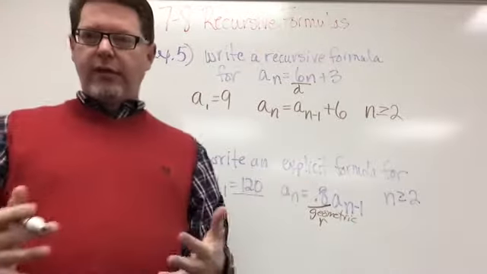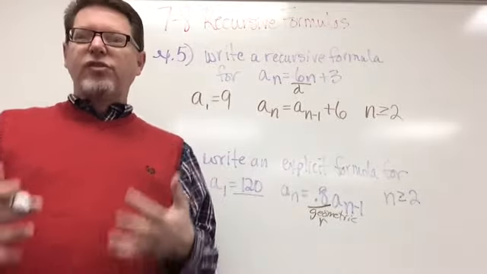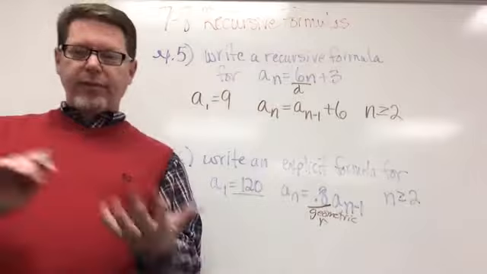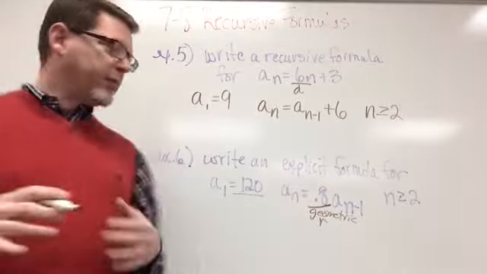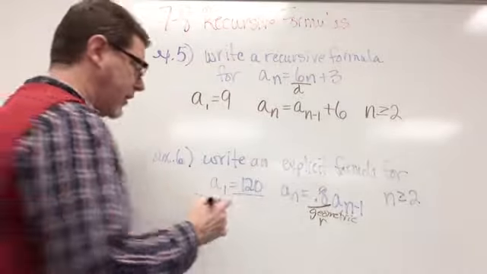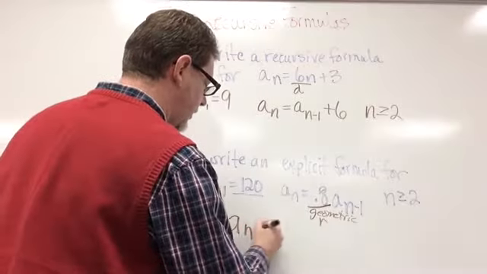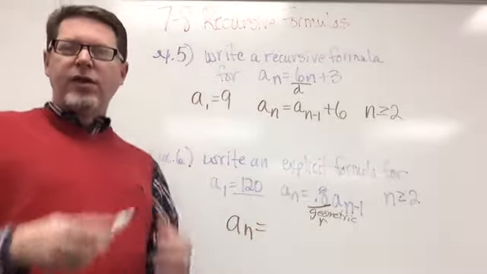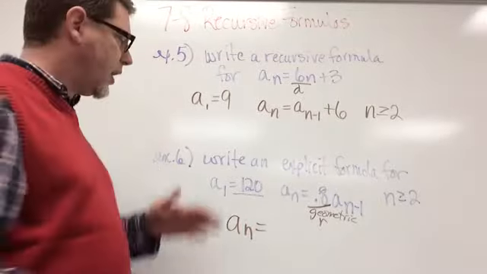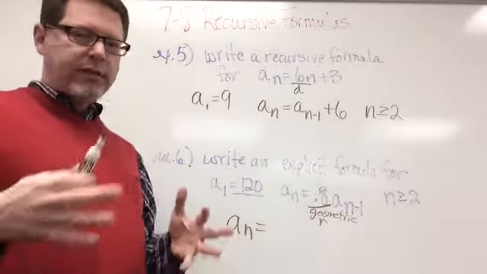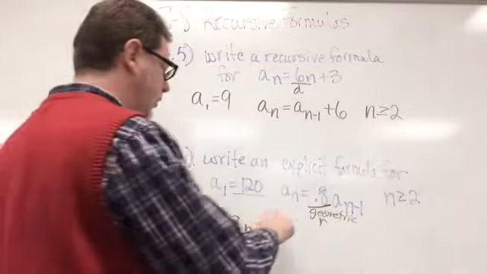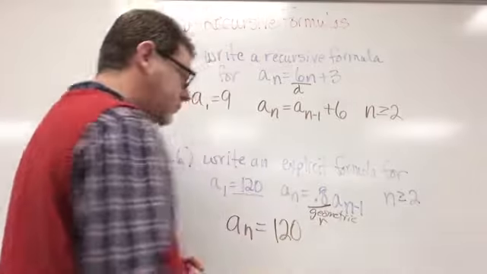R is 0.8. Okay? So you remember, if you need to flip back in your notes to make sure you remember that the formula to find the nth term is a sub n equals a sub 1 times r to the n minus 1. So a sub 1 is 120.